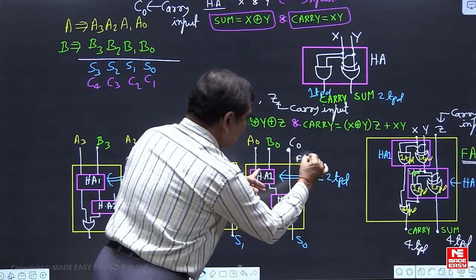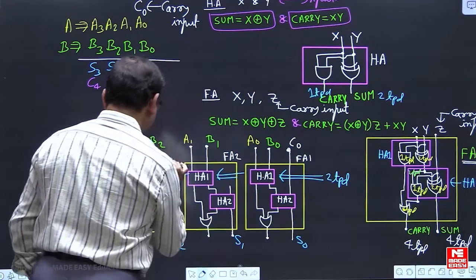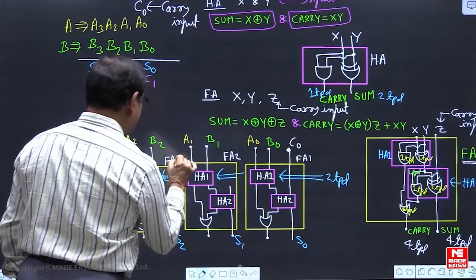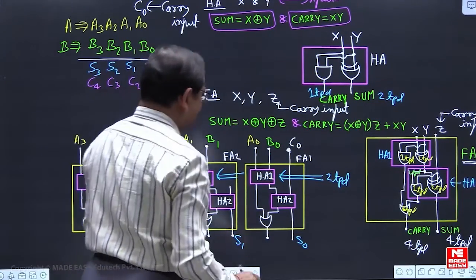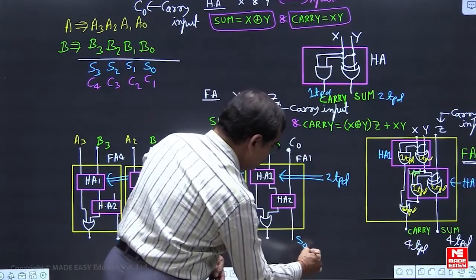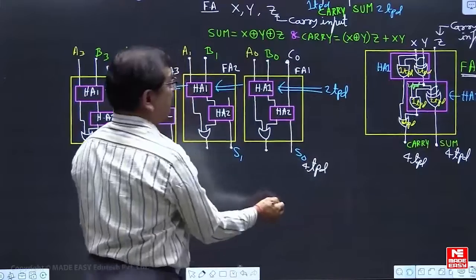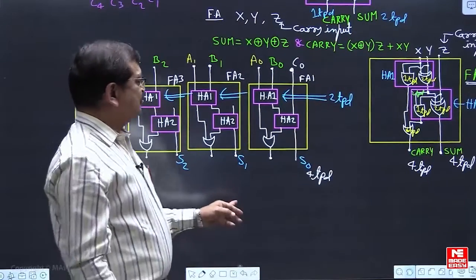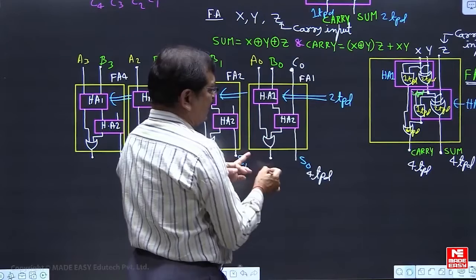इसका नाम देना पड़ेगा full adder 1 के हिसाब से. This is to be full adder 2. It is to be full adder 3. It is to be full adder 4. Right. So full adder 1 से sum output मिल रहा with a delay of 4 TPD. Right. So here we are looking for this carry output.